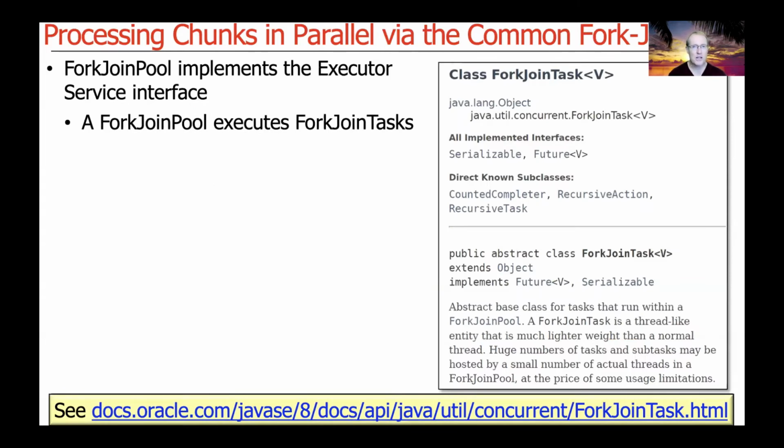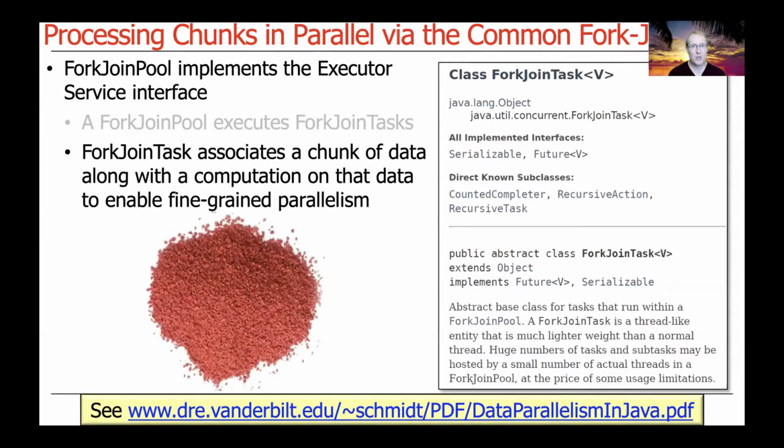The fork join pool itself is an object that's used to execute so-called fork join tasks. And a fork join task is an object that associates a chunk of data, which is a partitioned piece of the overall data source, together with some computation on that data, and it's done to enable fine-grained parallelism.